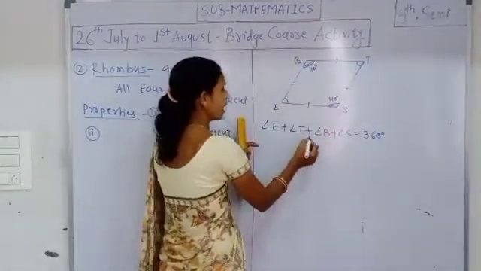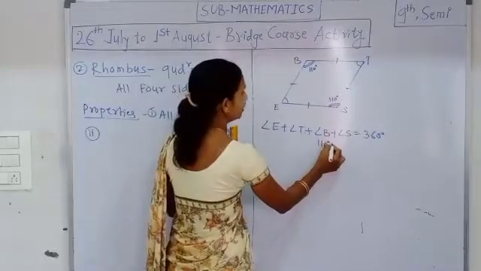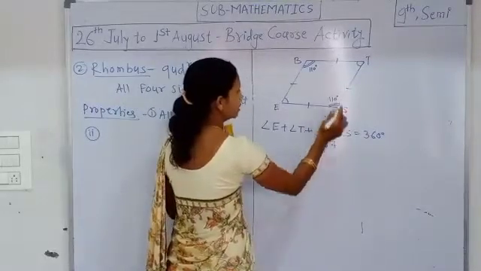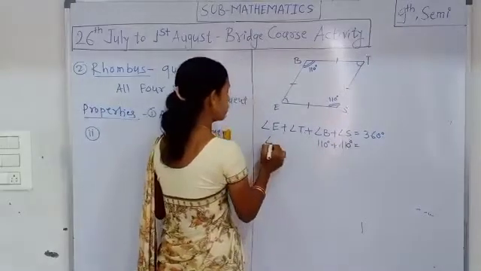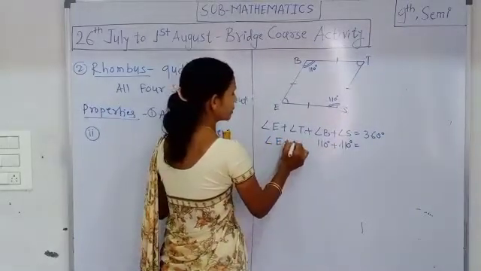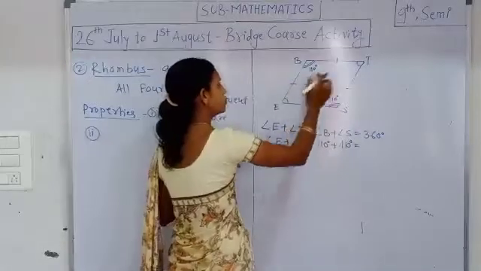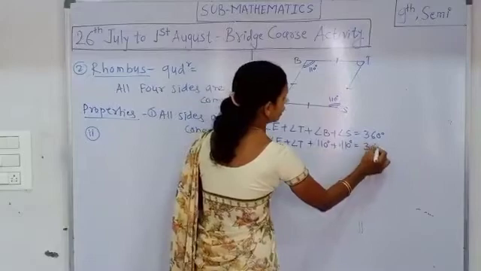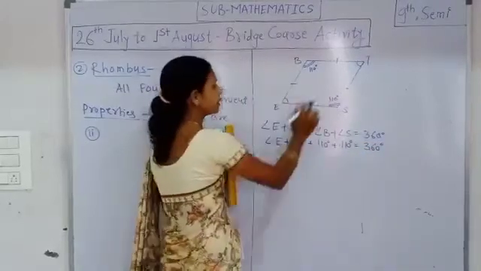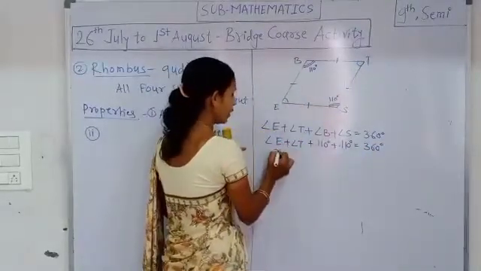Therefore, angle B is 110 degrees as well as angle S 110 degrees. Therefore, for angle E and angle T, opposite angles are congruent. Then consider those angles to be x degrees.